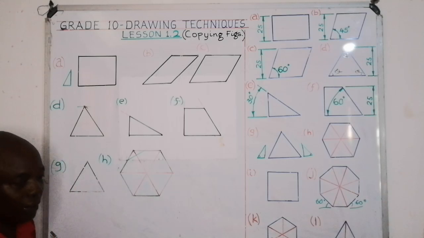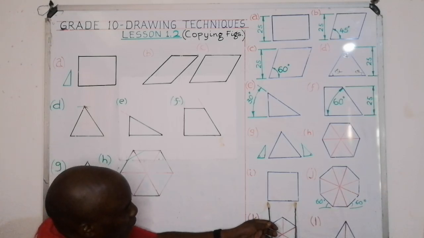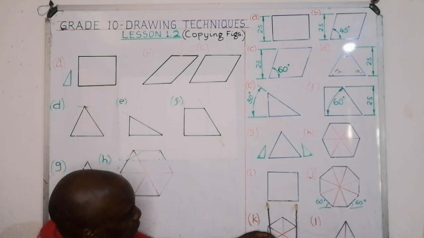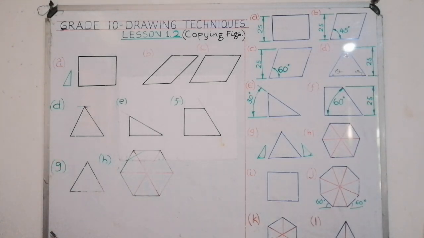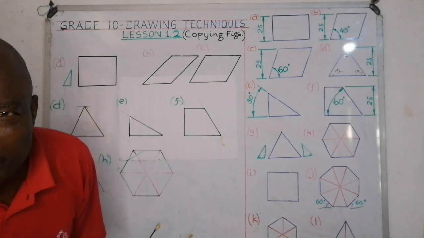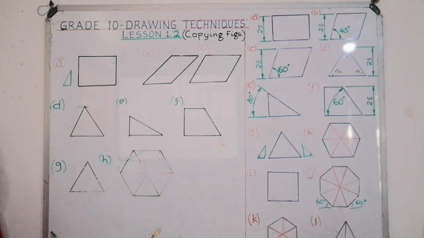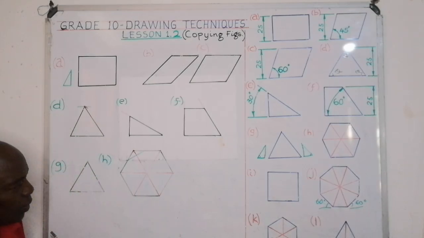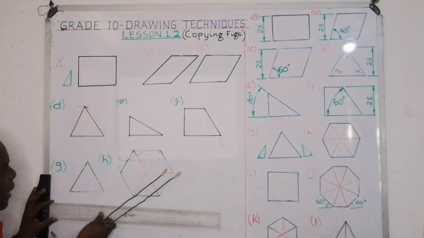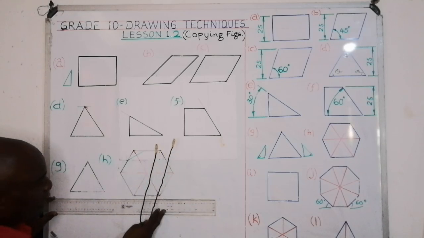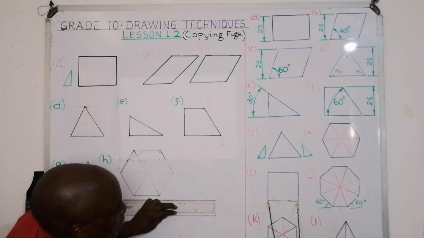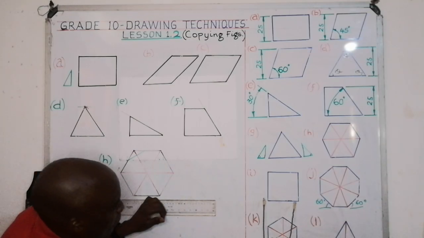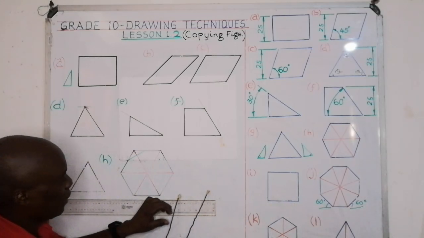Let's measure it. Is it visible at the bottom there? So I'm going to draw that side, the given side. This one here.